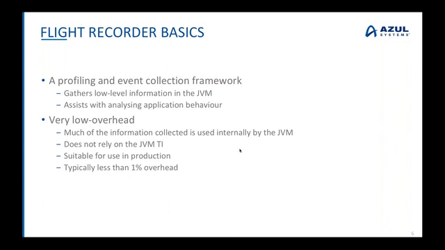A lot of tools interface with the JVM through the Java Management Extensions, and they're able to get certain pieces of information. But Flight Recorder, because it's built into the JVM, is able to use the very low level information that is actually gathered by the JVM itself in order to do its own work.